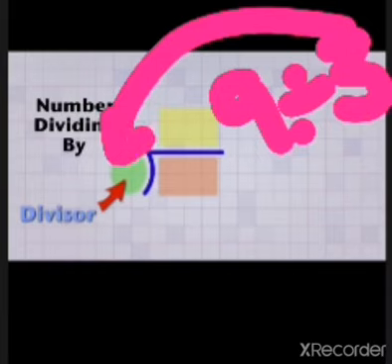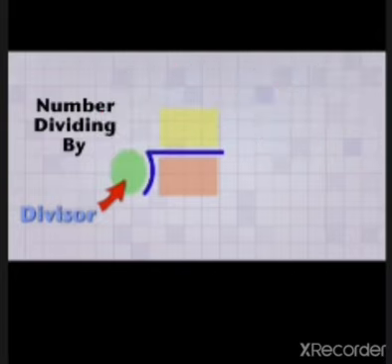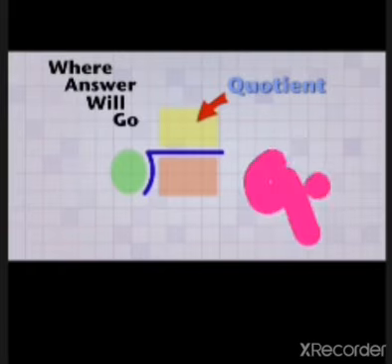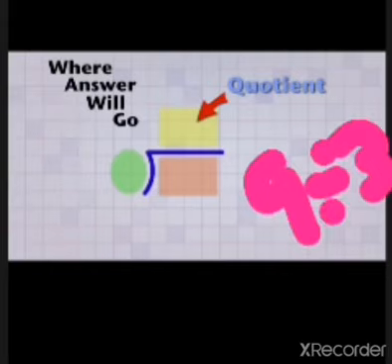Now the question is what will be put above the horizontal line. Let's see. Above the horizontal line, our answer will go. It means that the answer, or the number of items in each group, will be written over here. As we had the example 9 divided by 3, come on, guess.